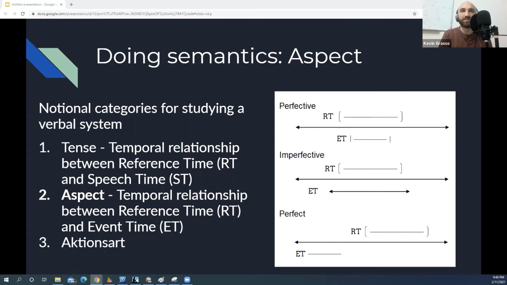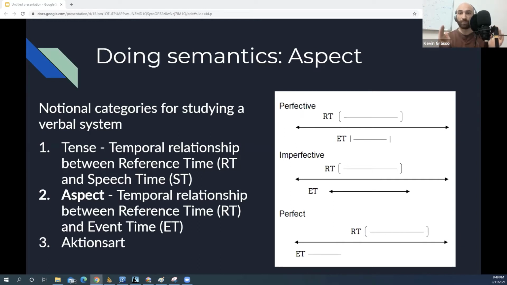So we can think of different kinds of logical relationships between these two intervals. You can think about them just in terms of real time intervals. So we can think about from 4 to 5, right? If you read a book, let's say we're talking about the time span 4 to 5. If you read a book between 4:15 and 4:45, that's perfective, right?